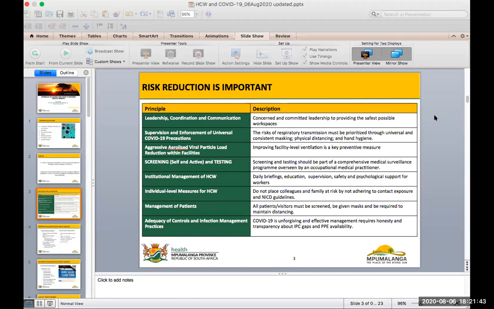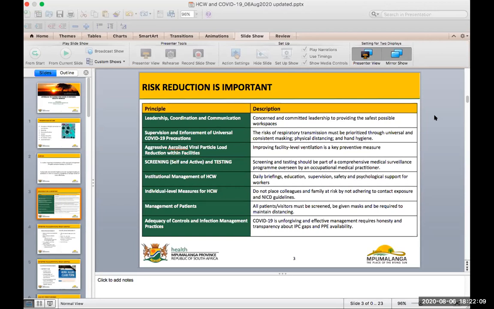In preventive measures, screening, self and active, and also testing play a very pivotal role in medical surveillance of our healthcare professionals. We need to adhere to those things. The principle of institutional management of healthcare workers: daily briefing, education, revision of SOPs, supervision, safety and psychological support also play a very pivotal role for healthcare workers in this pandemic.